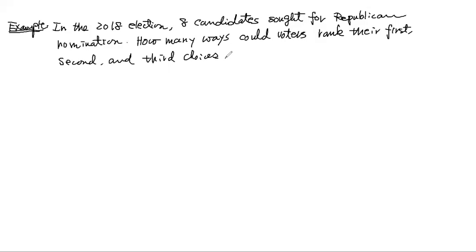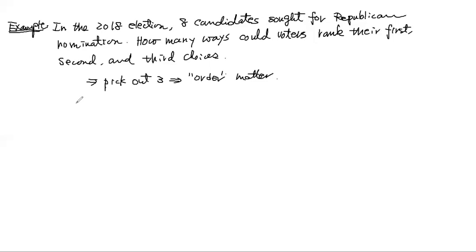But those 3, the order matter, right? Because the first one is my top rank, the second one I rank second, the third one I rank third. So who is the first one I pick does make the difference.